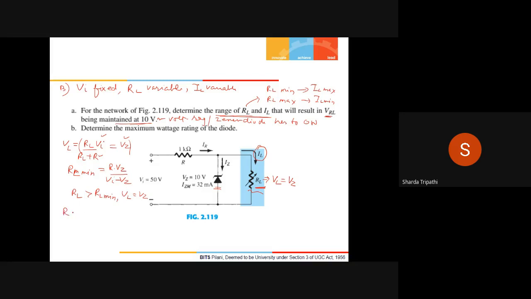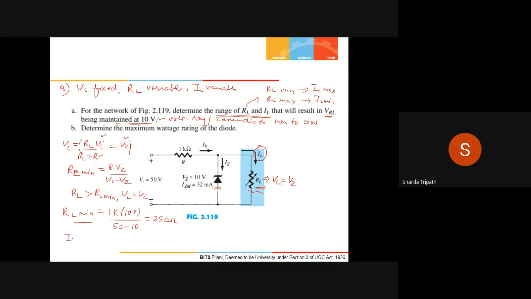So can I calculate RL min? This will be equal to R की value दी है 1K multiplied by VZ is given as 10 volts divided by VI is 50 minus VZ is 10. So if you calculate this, this comes out to be 250 ohms. So RL min is 250 ohms.